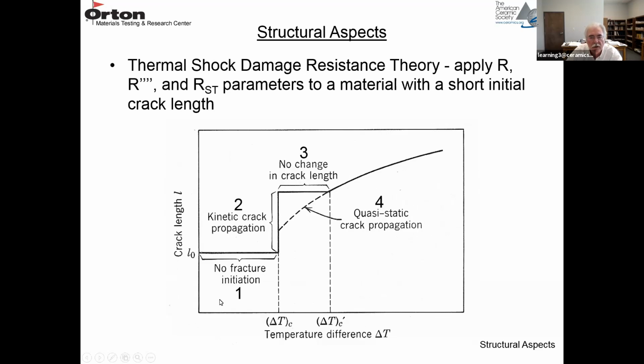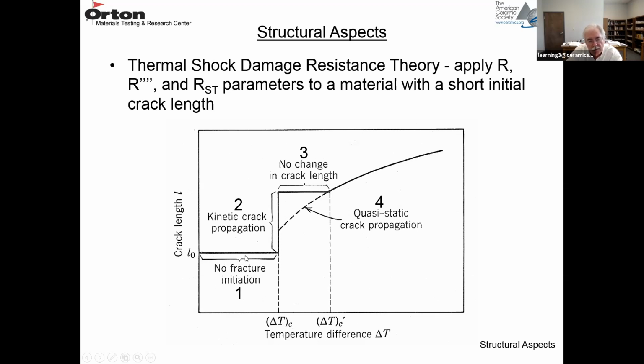You can plot this in a couple different ways. You can plot the crack length versus the temperature difference. So we're just reversing the axes here and looking at it in a little different way. Let's say you have an initial crack L0, and now you increase the delta T, so you have a delta T critical.